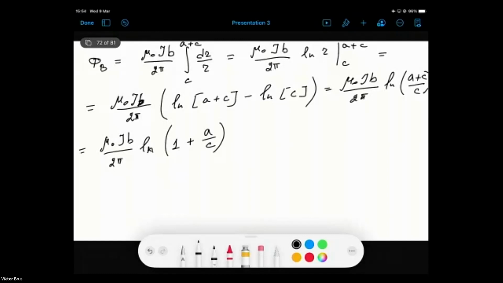However, for magnetic field, since we do not have magnetic charges, we don't have isolated monopoles of magnetic field. We always have two poles of magnetic field together, north and south pole, and magnetic field lines do not originate and terminate on some poles. They are continuous.